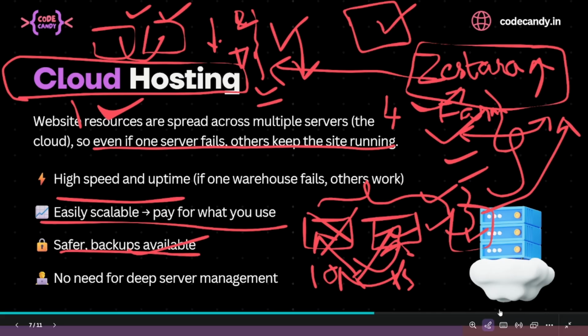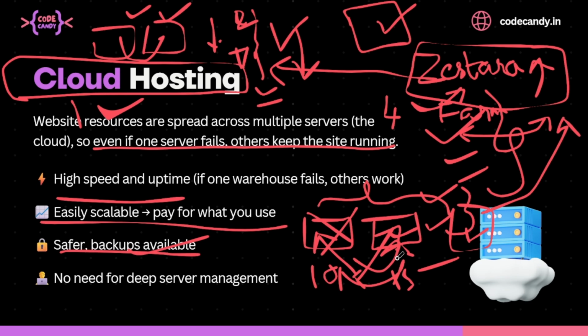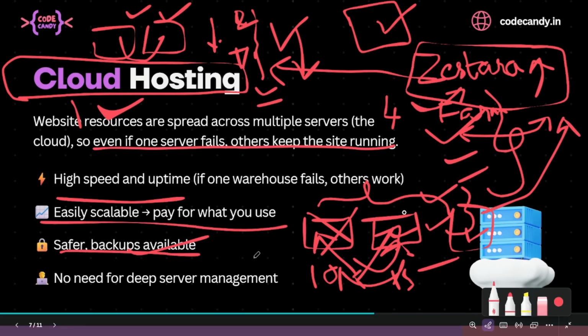Say after 2 months I shut down my website, then I go to my hosting provider and say, give me my website backup because I have made some changes or lost the data. Then they have to give it. They'll also charge for that backup, but they will give it. At the end of the day, it's their work to maintain all the backups.